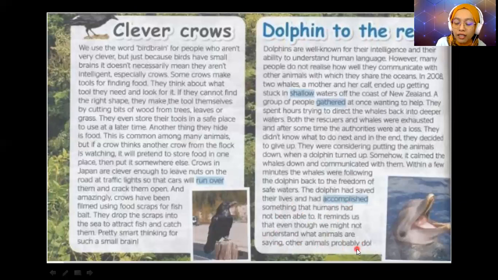So it reminds us, dia mengingatkan kita yang walaupun kita tak faham apa yang animal bercakap, animal lain boleh faham apa yang animal lain bercakap. Okay, so maybe dia ada communication lah between each other. So interesting kan.